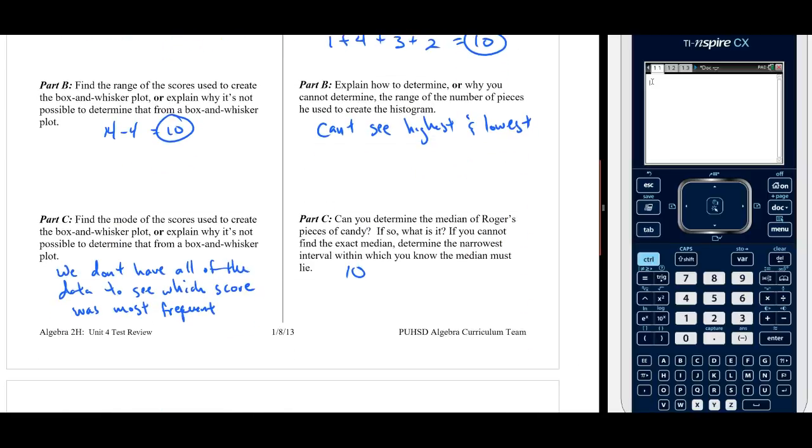So he counted it 10 times. The median is the middle score from a list. So all I have to do to figure out where it's going to be is figure out where the middle score should be. So if I've got 10 times we did something, divide that by 2, we get 5.